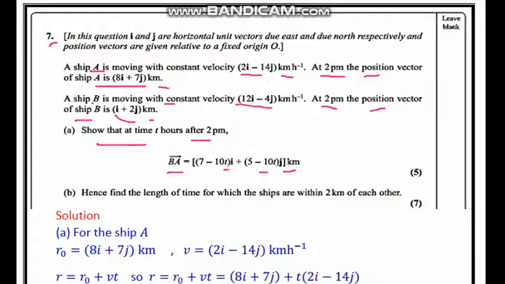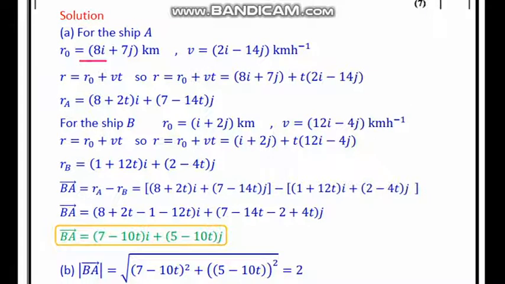Let's see how to solve it. As you know, for ship A, the position vector equals 8i plus 7j and the velocity equals 2i minus 14j, and r equals the initial position vector plus vt. So r equals 8i plus 7j plus t(2i minus 14j).